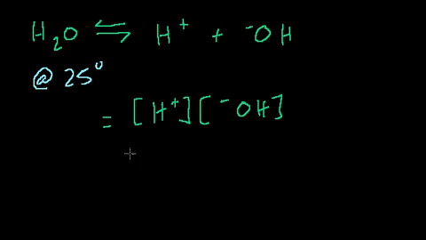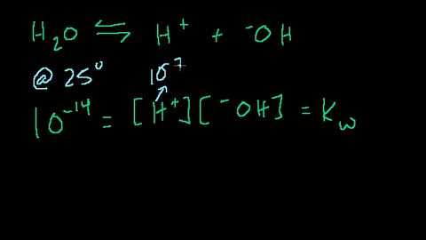So you could just say divided by 1, and then this is equal to the equilibrium constant of water. And we learned that that's 10 to the minus 14, because water by itself will have a hydrogen concentration of 10 to the minus 7 and a hydroxide concentration of 10 to the minus 7.